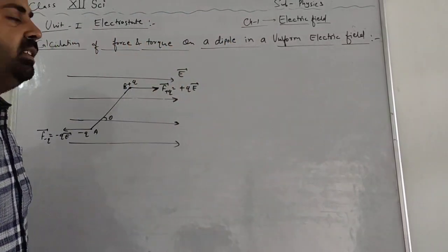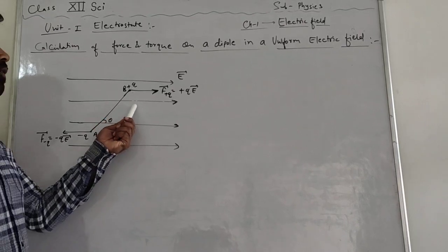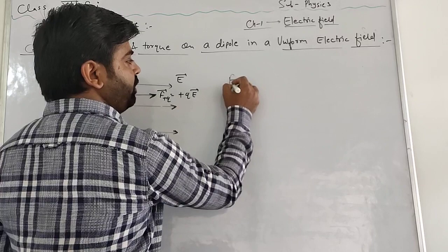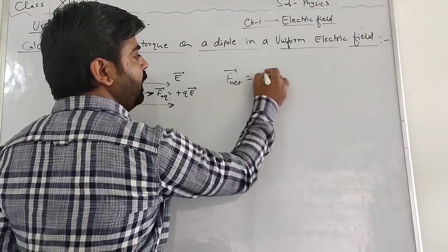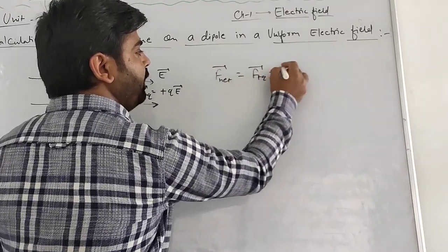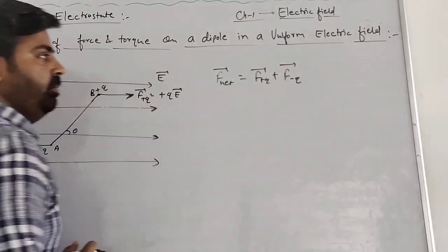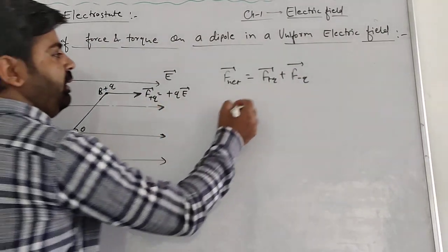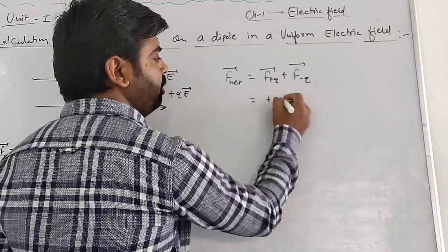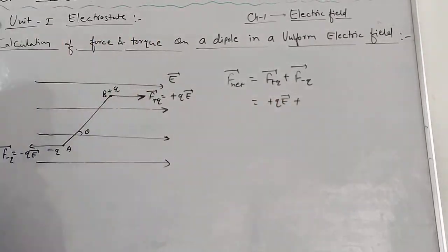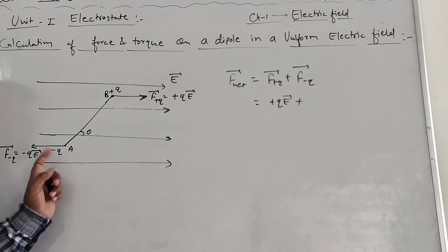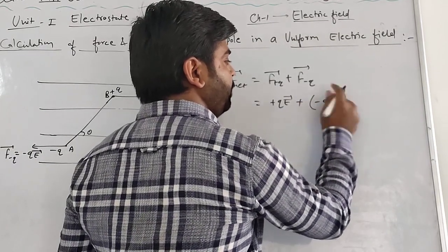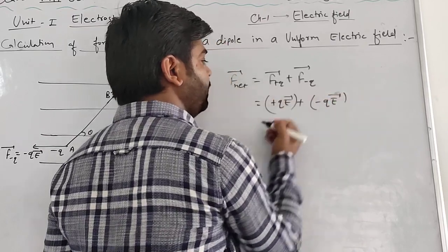Now we calculate the net electric force on the electric dipole. The resultant force F net is equal to F plus q vector plus F minus q vector. F plus q is plus qE vector plus F minus q is minus qE vector.